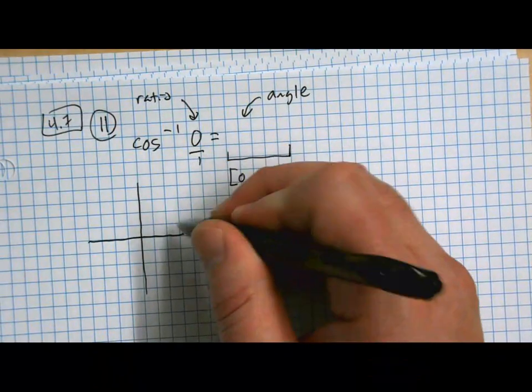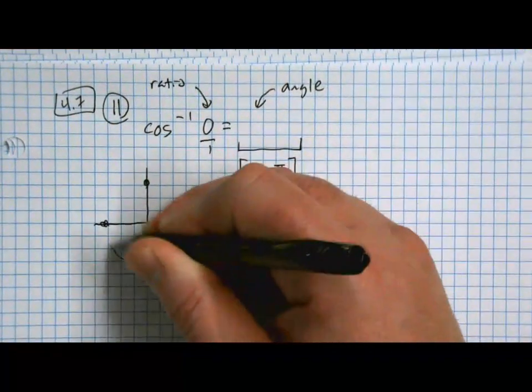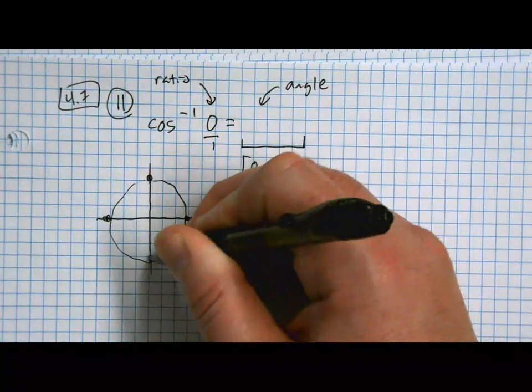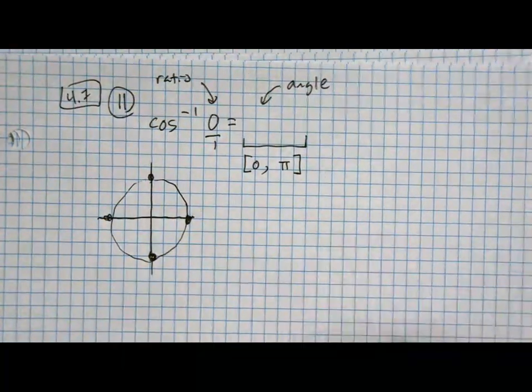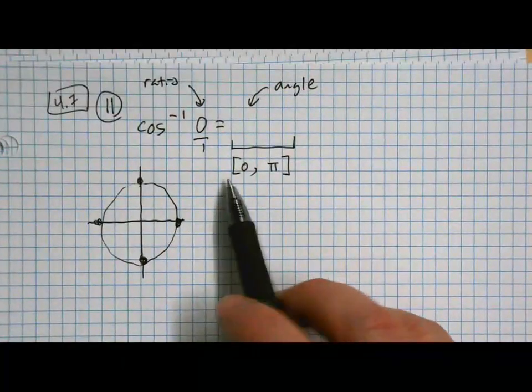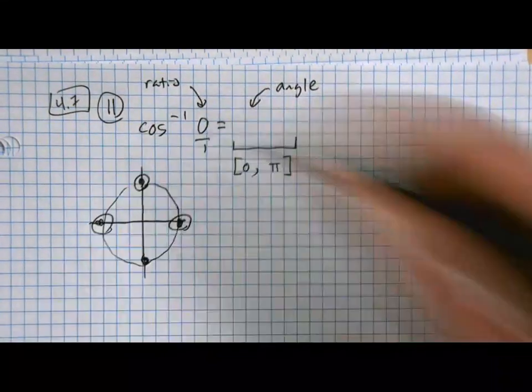The quadrantals are these locations on our unit circle, the ones that are in between the quadrants. So it's got to be one of those, and my answer has to fall between 0 and pi, so it's got to be one of these three.